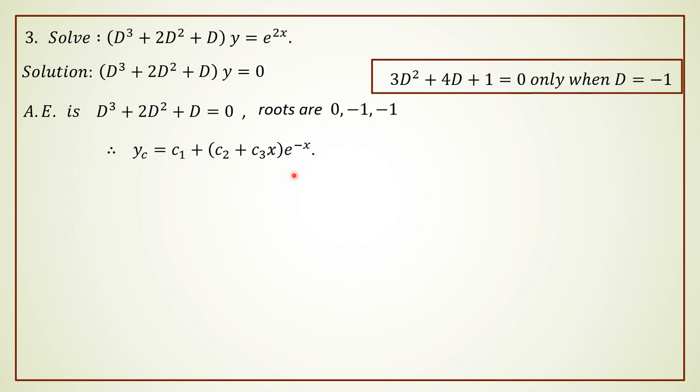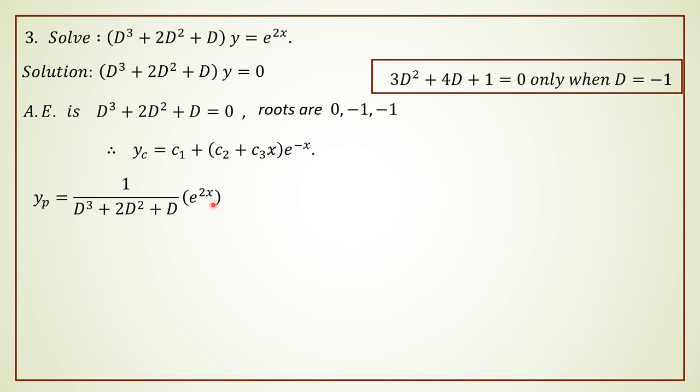How to get the particular integral? The particular integral is obtained by operating the inverse differential operator 1 by (D cube plus 2D square plus D) on e to the power 2x. Now as it is a particular integral of type 1, you just have to replace your D by the coefficient of x. What is the coefficient of x over here?